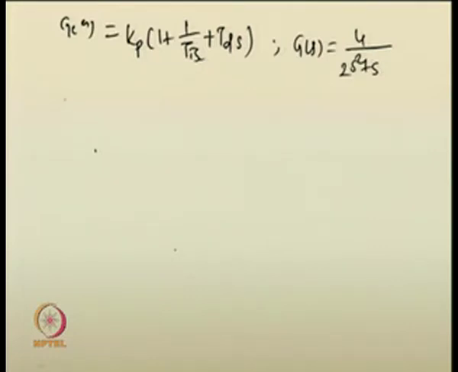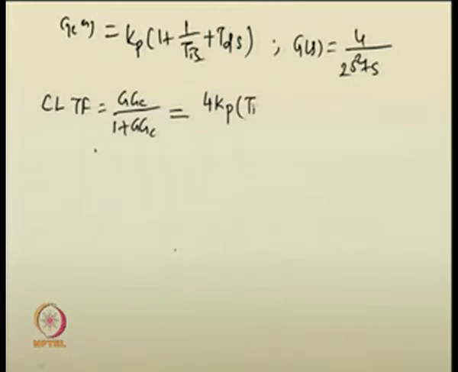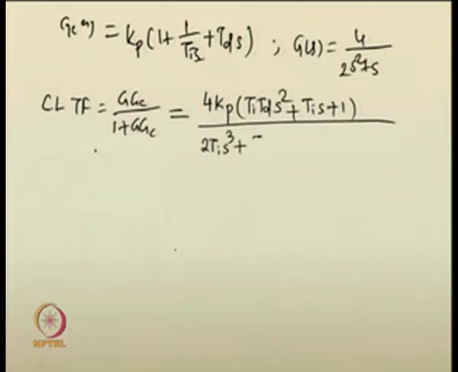Thus, that will give us the closed loop transfer function as GGc upon 1 plus GGc, which can be obtained after simplification in the form of 4 Kp times Ti Td s squared plus Ti s plus 1 in the numerator and 2 Ti s cubed plus Ti plus 4 Kp Ti Td times s squared in the denominator, along with 4 Kp Ti s plus 4 Kp.